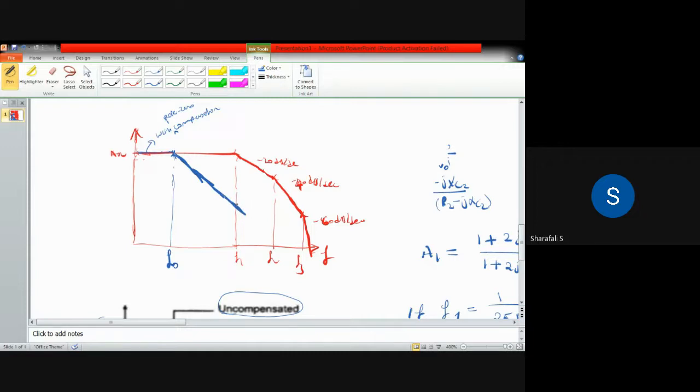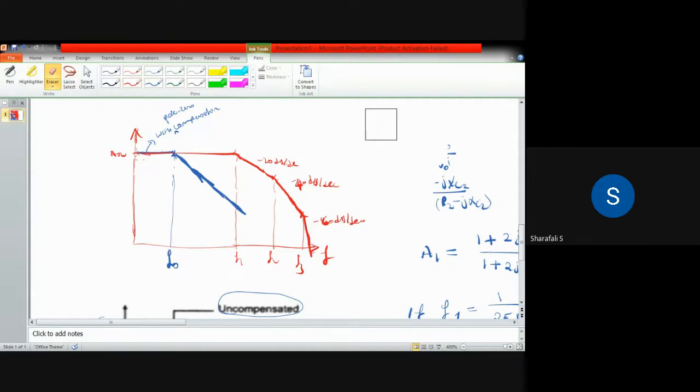Even though it reaches F1, remember that in the previous case, as I explained, when it reaches this F1, there will be one more break frequency and it will start decreasing by minus 40. This is not going to happen in this pole zero compensation because F1 has been removed from the system because of that pole zero compensation.